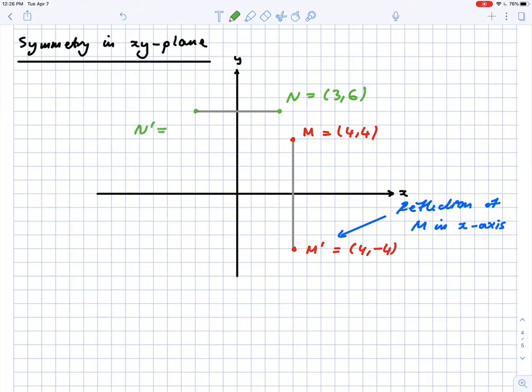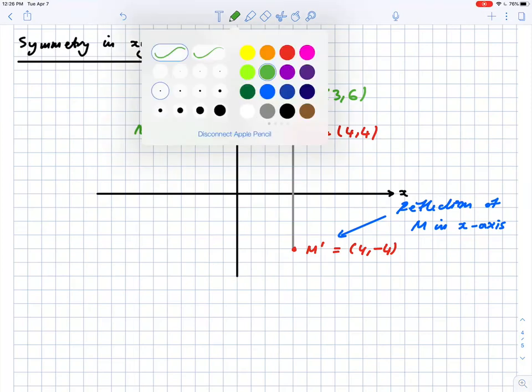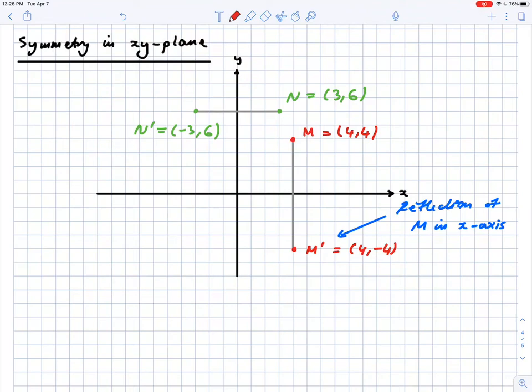And what are its coordinates? Now the x-coordinate changes to minus 3, and the y-coordinate is still 6. So this guy is what we would call a reflection of N in the y-axis.